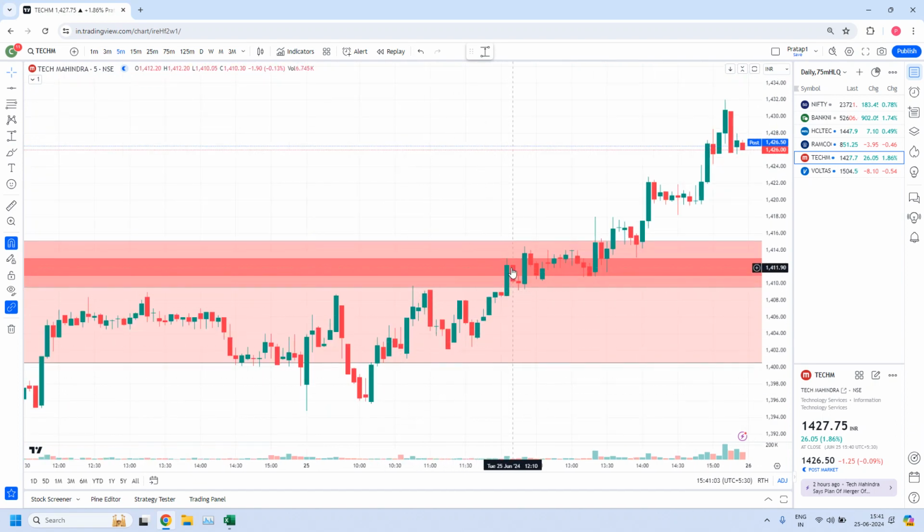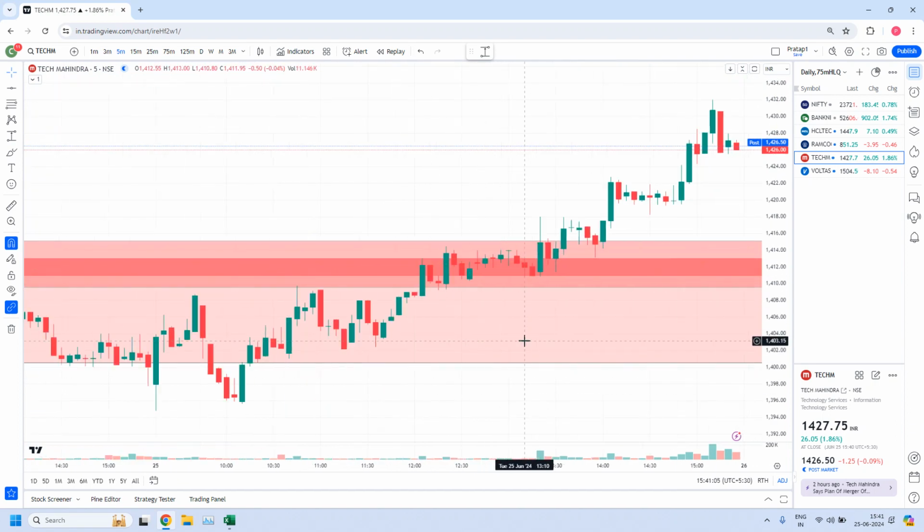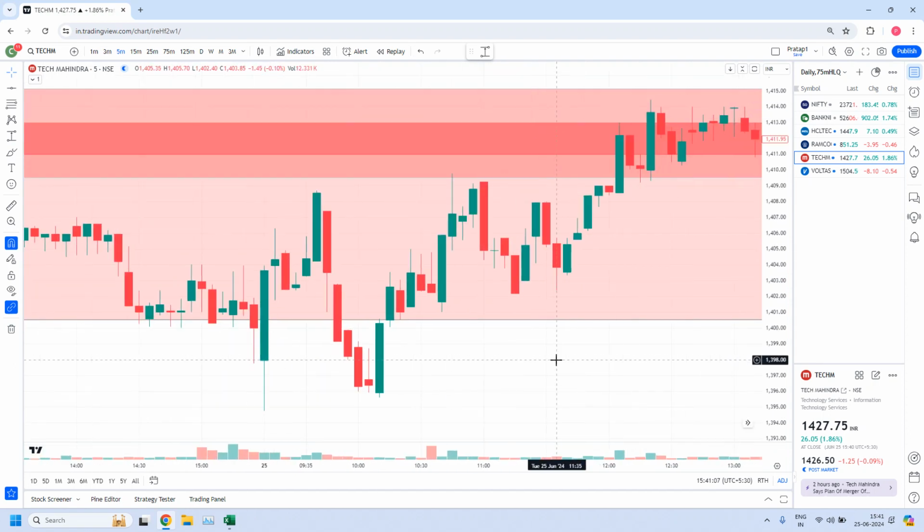But today see what happened, the zone is violated. Why is it violated? Maybe the demand is very strong. See, prices went into the zone and again came down, but not good enough. They couldn't reach up to the 15 minute zone area and it was violated.